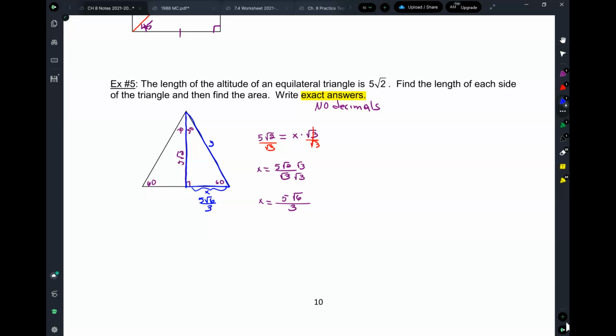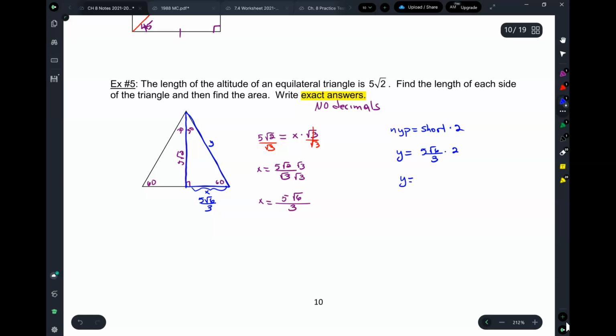Now, this side, y, that's the hypotenuse. The hypotenuse is the short leg times 2. The way I would do it is, in my mind, I say hypotenuse, which is y, is the short leg times 2.